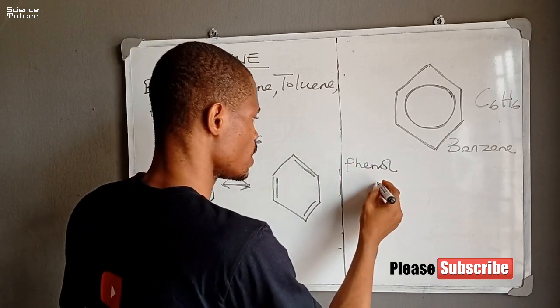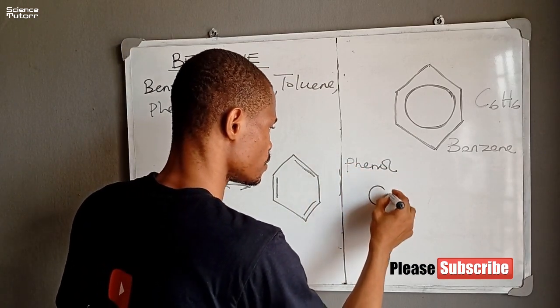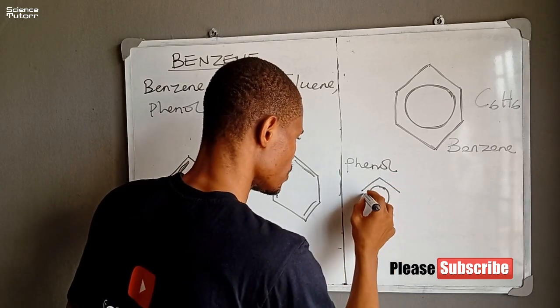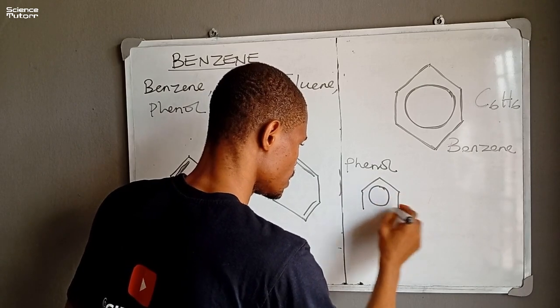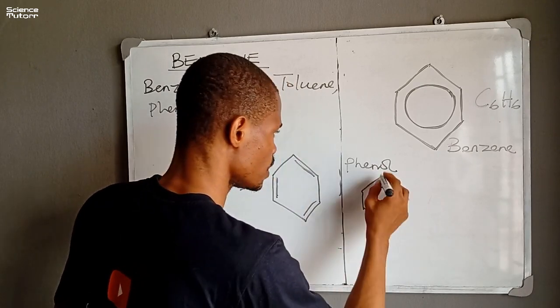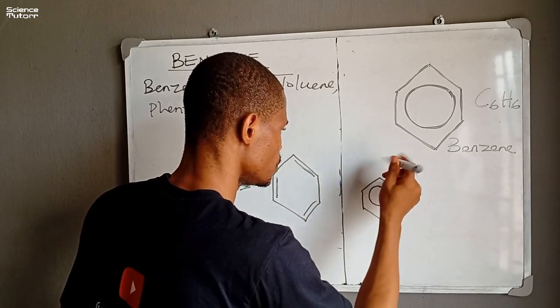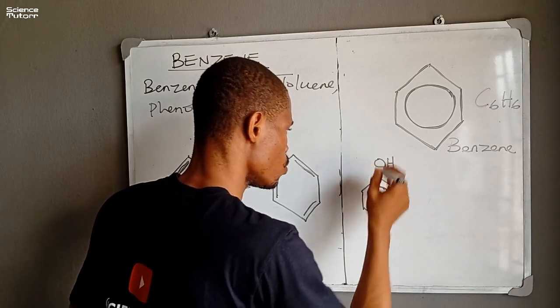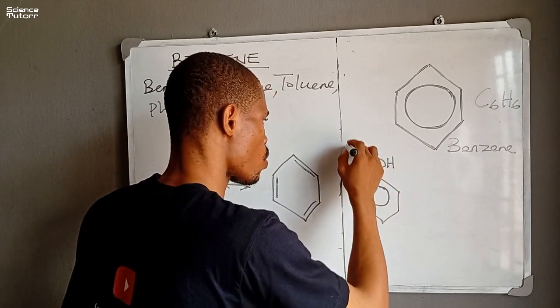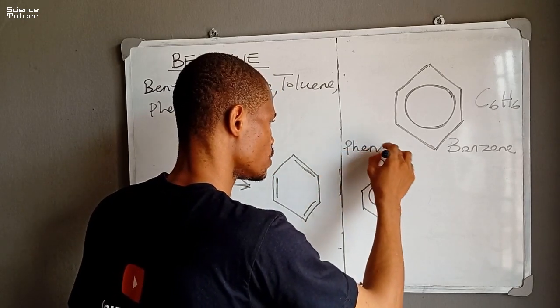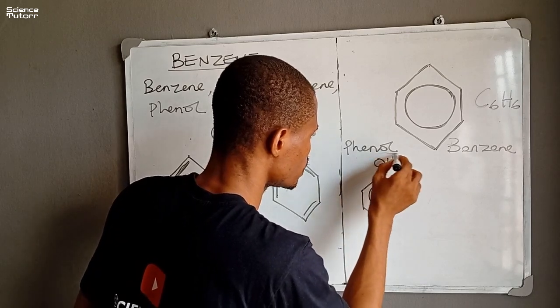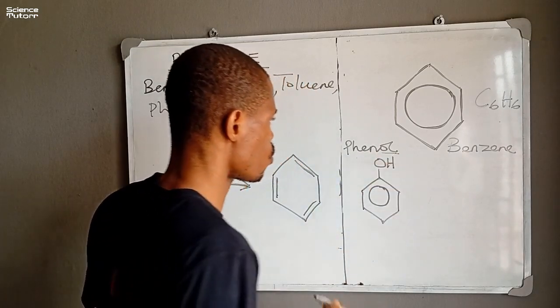Of phenol, I still have a cycle bonded by my hexagon. Let's begin with phenol. We have an OH group. Phenol, from the word "ol", has an alcoholic group here, a hydroxyl group that gives it the OH.